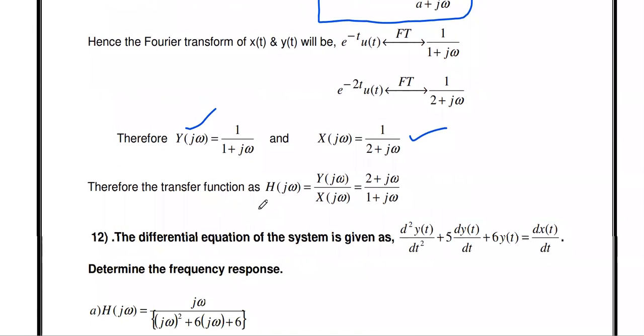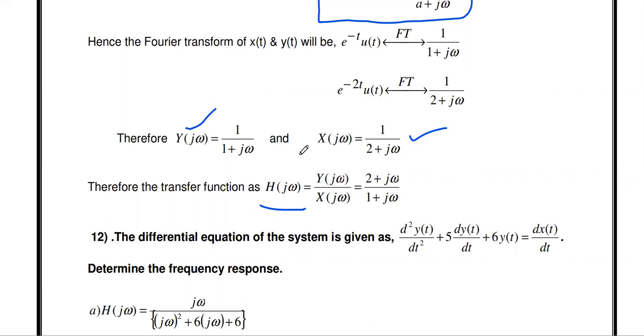Our aim is to find the frequency response, or transfer function. So what is frequency response? The H of j omega is nothing but the ratio of the Fourier transform of the output divided by the Fourier transform of the input. So Y of j omega by X of j omega is called the frequency response.